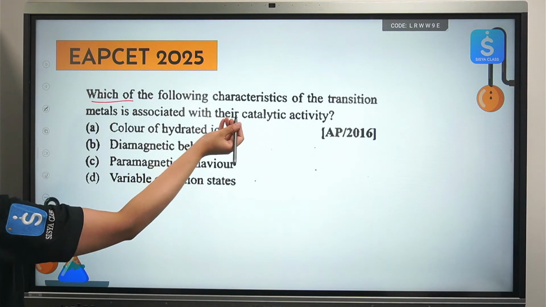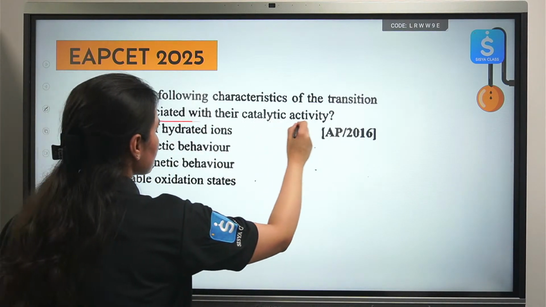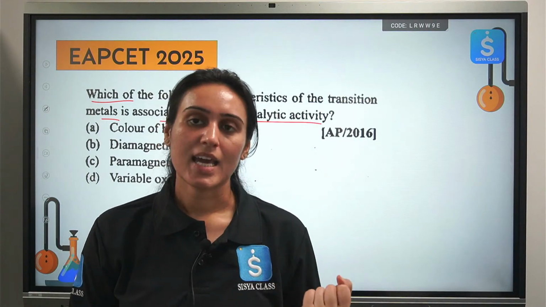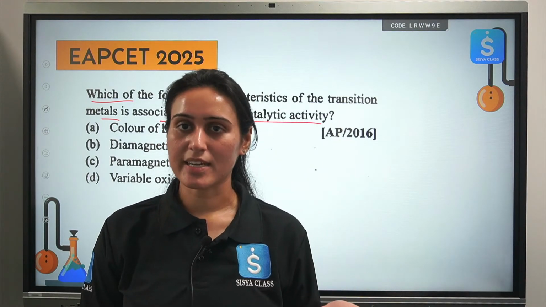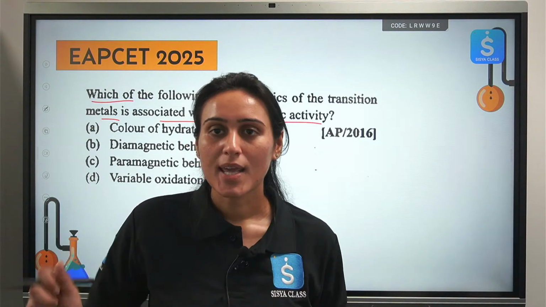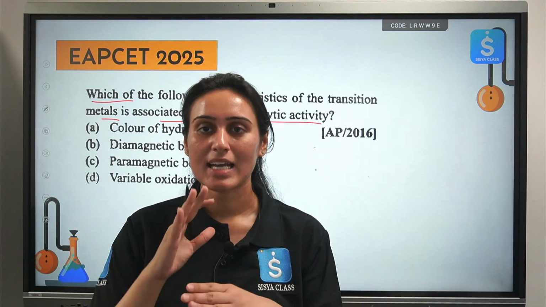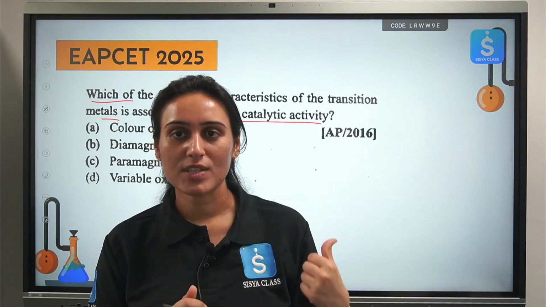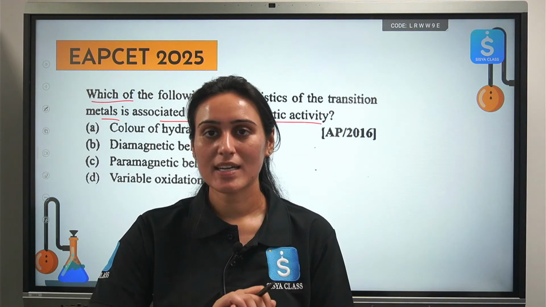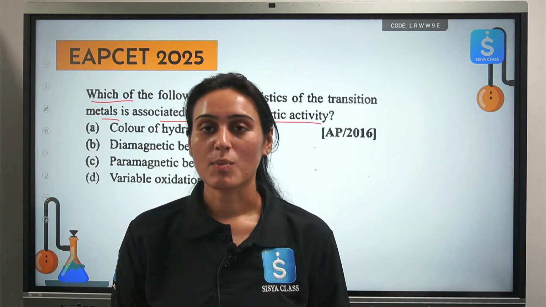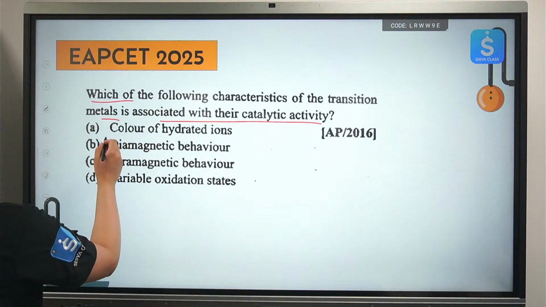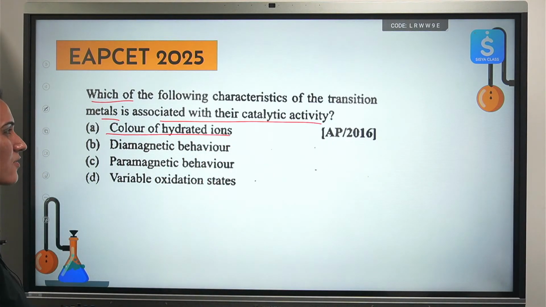Which of the following characteristics of the transition metals is associated with their catalytic activity? Remember, we have done one assertion-reason question in which we said that transition elements show catalytic activity. That assertion was true. The reason was also true, but it was not explaining our assertion correctly. Now you know the answer to that question, because I have already told you, in order to understand the catalytic activity, you have to talk about variable oxidation state. So is the color of hydrated ions the reason for the catalytic activity?